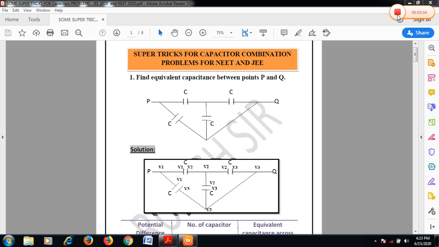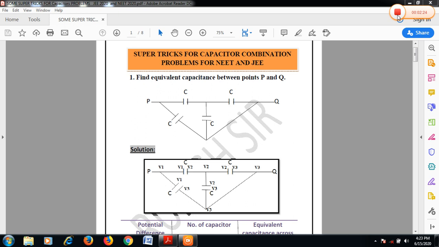Please write this down; with this trick you can do many essential problems which are going to come in your upcoming examination. So let us begin the discussion.